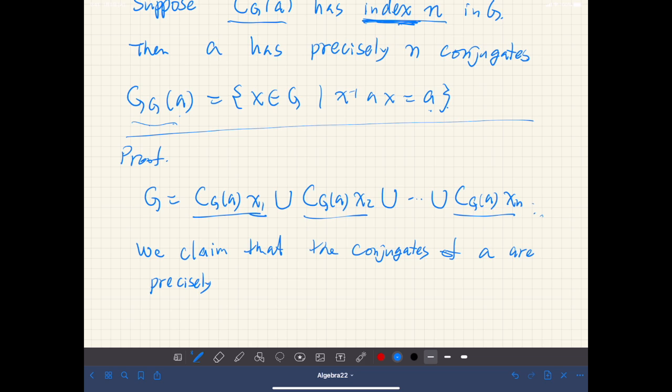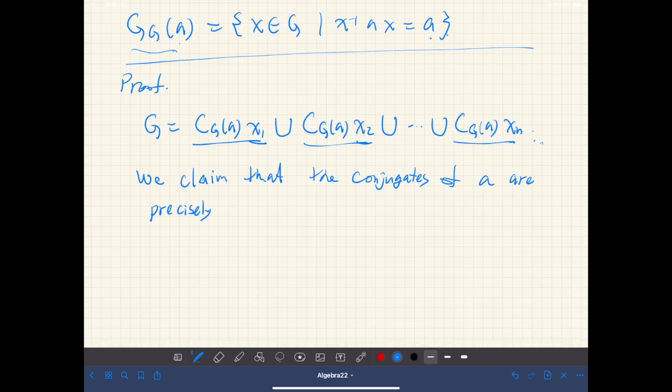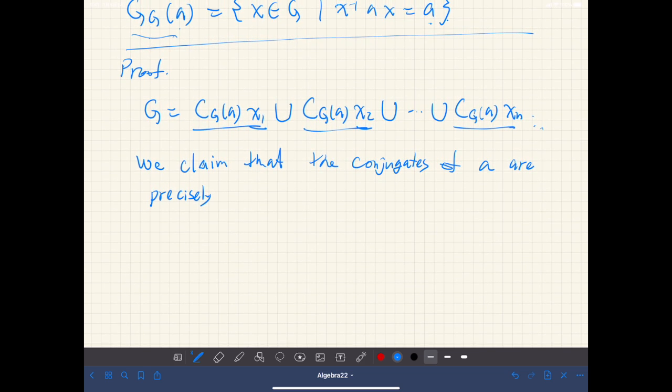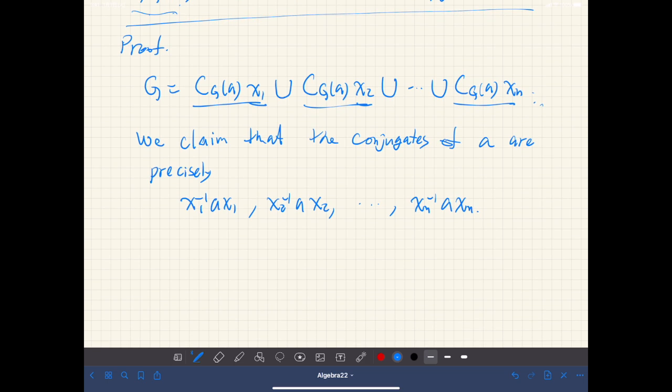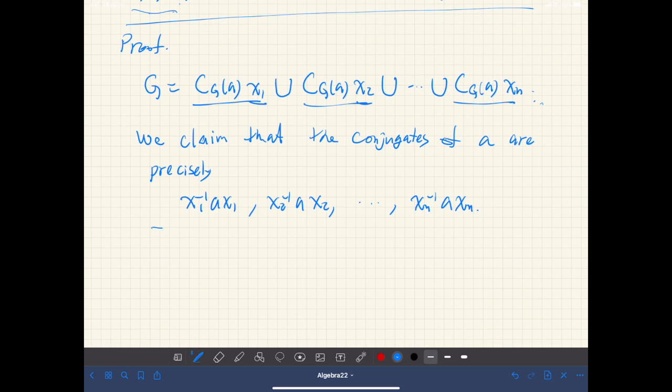Using x1, x2 up to xn, the conjugates of A are precisely x1 inverse A x1, x2 inverse A x2, and so on, xn inverse A xn. Okay, so let's prove this claim.